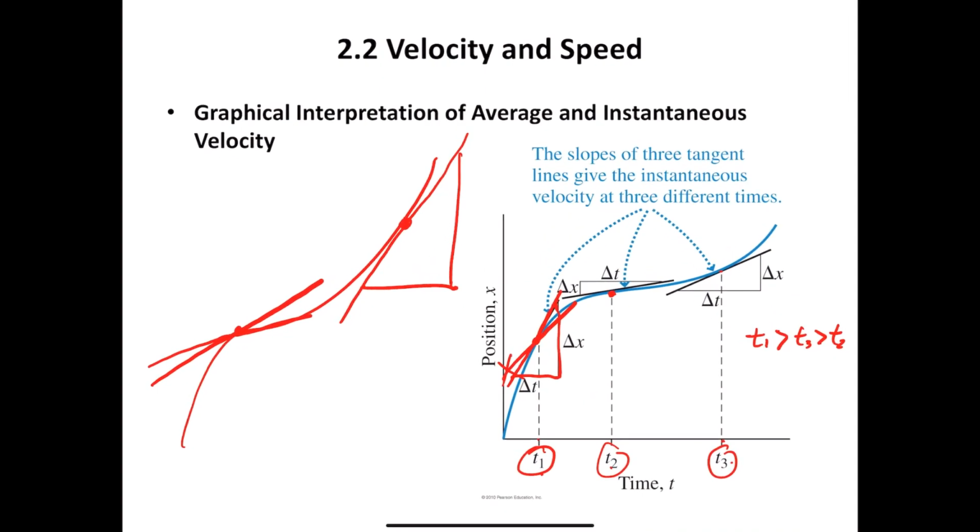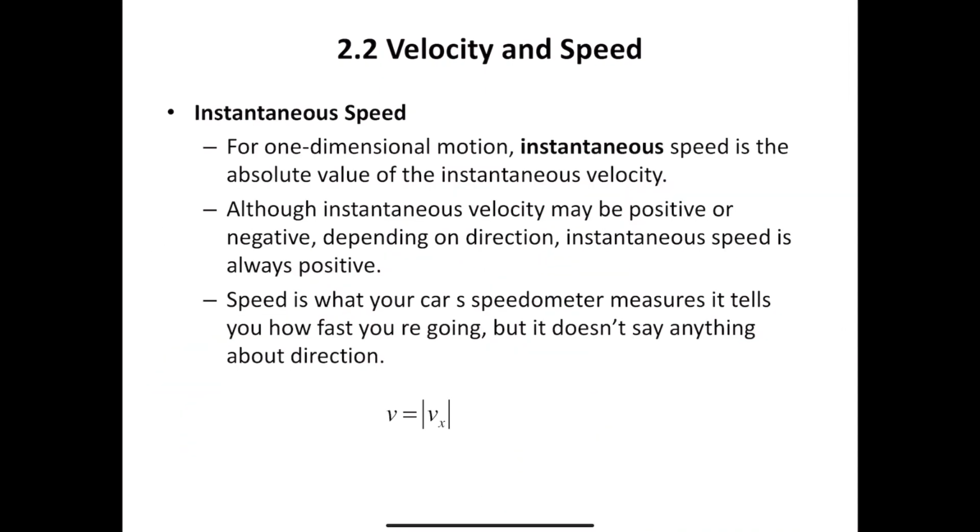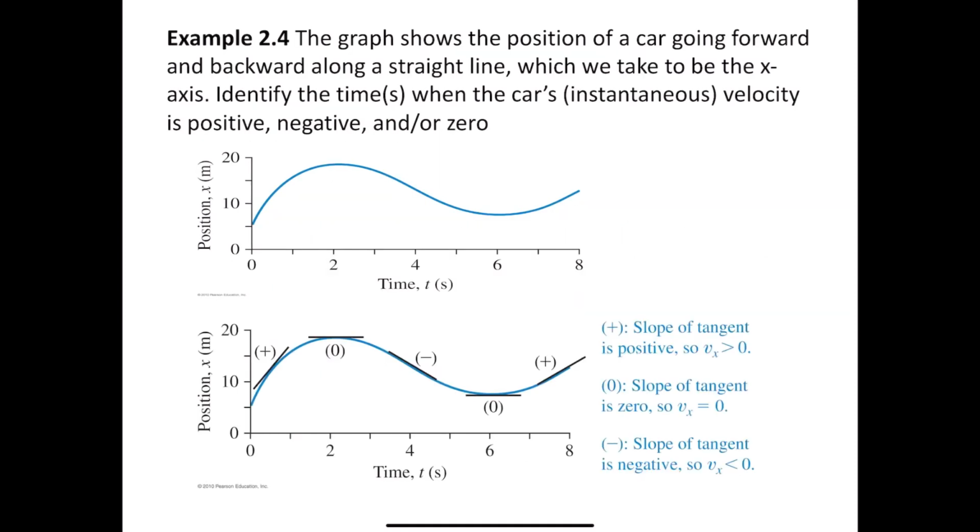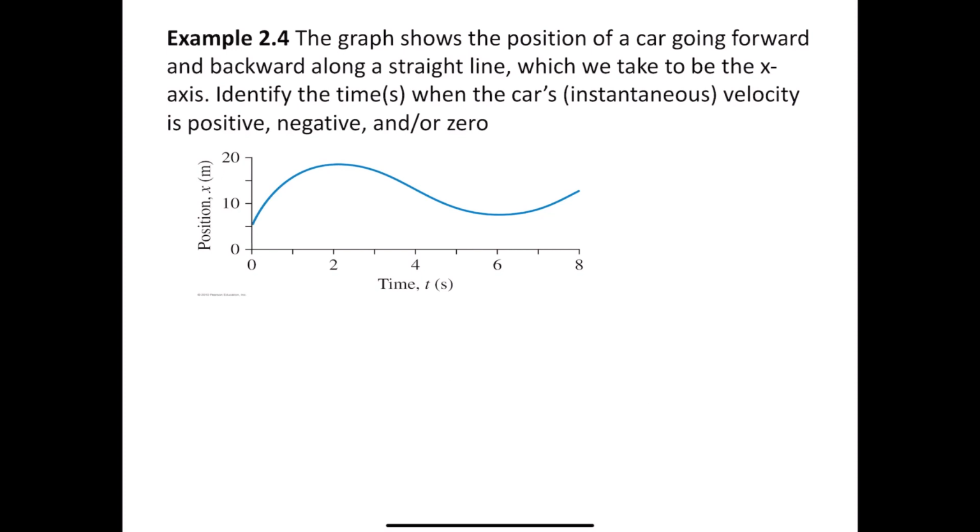All right, so as I say, I only focus on the concept. Speed is the same. And okay, look at this one here. This graph shows the position of a car going forward and backward. Now the most important thing is how to interpret this graph.